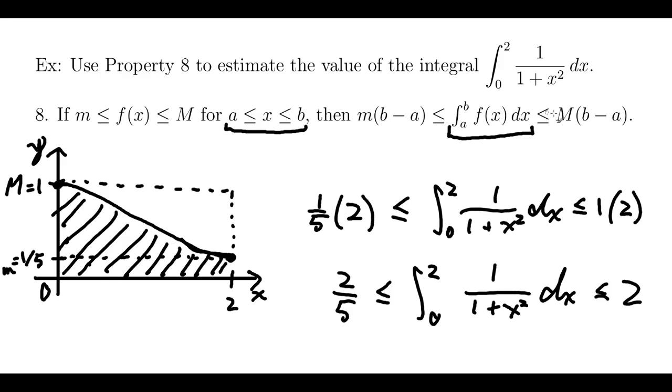And if we replace the function with big M, we get an upper bound. If you have a constant multiplied by those little delta x's, when you add up all of those products, it will be that constant times whatever the sum of the delta x's is. And that is the length of the interval. So that's what we have here.